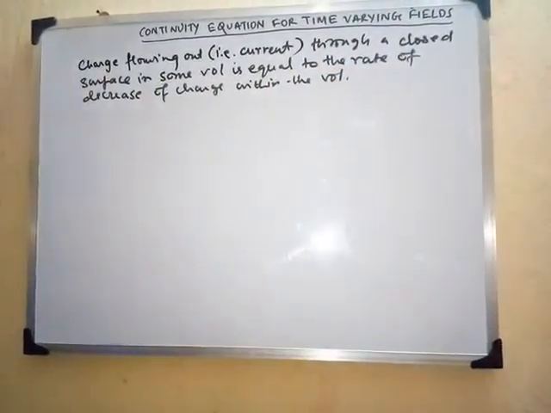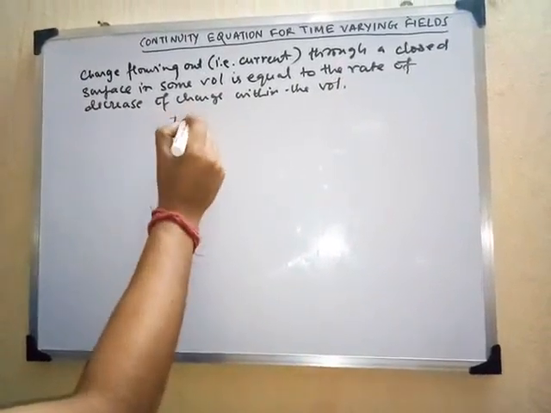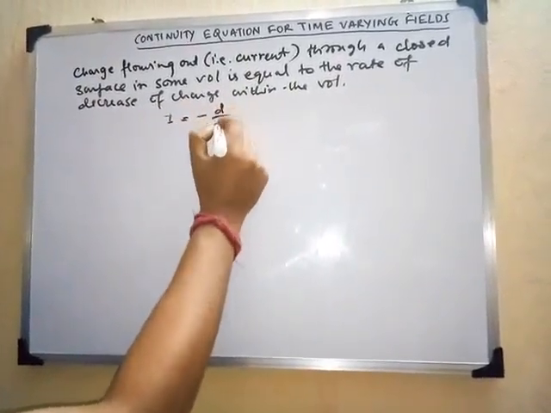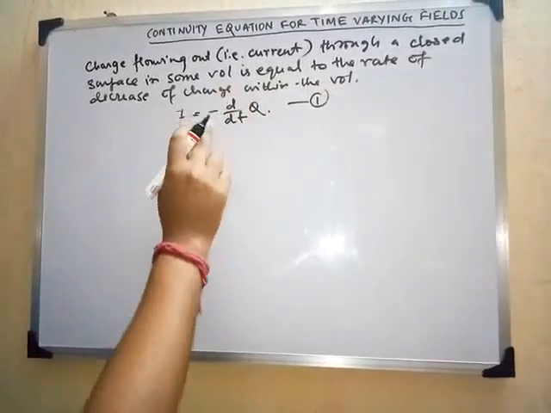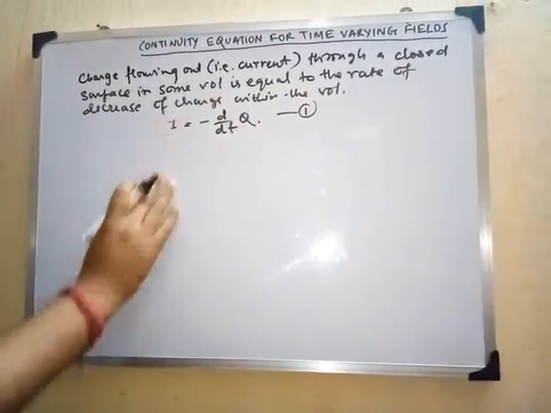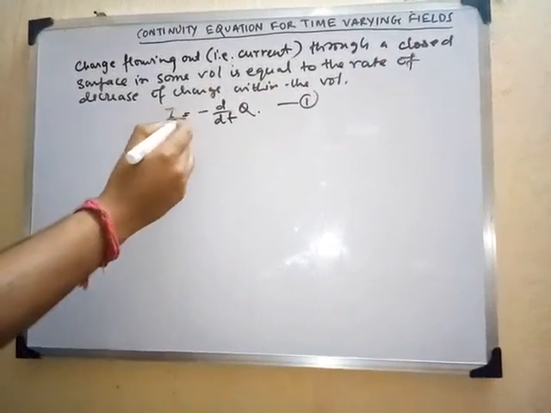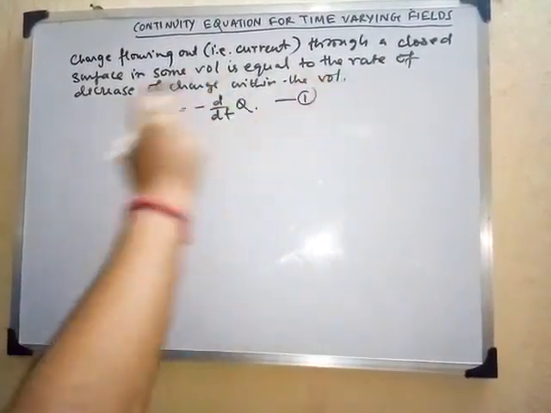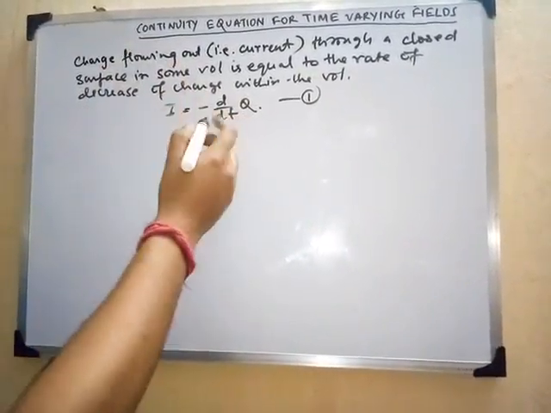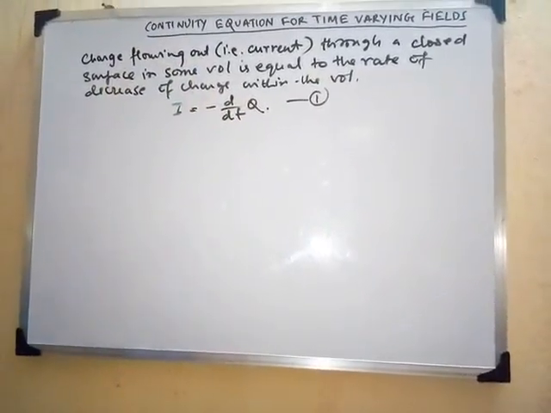That means I will be equal to minus dq/dt. So let us take this equation out. The minus sign is because the charge is being reduced.